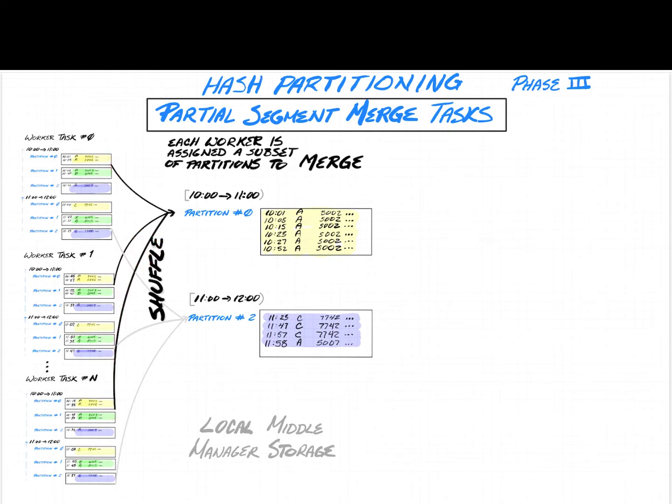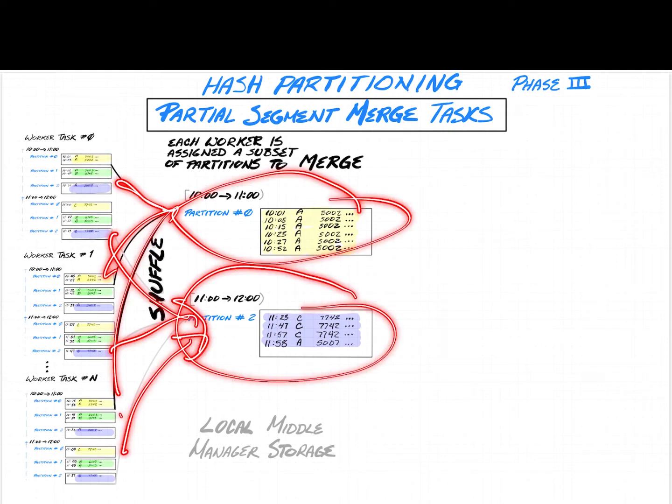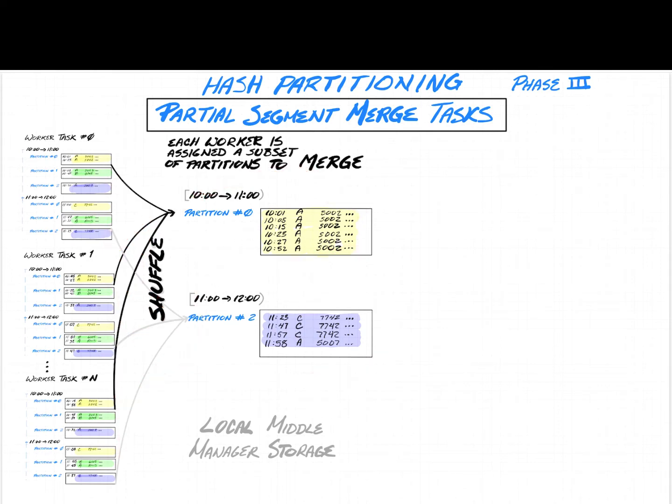So each worker task will do multiple shuffles to produce multiple final partitions, and each of the worker tasks is doing this such that all of the time chunk partitions end up being merged in parallel across all of the worker tasks.